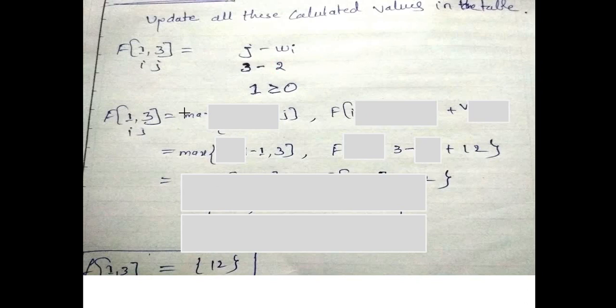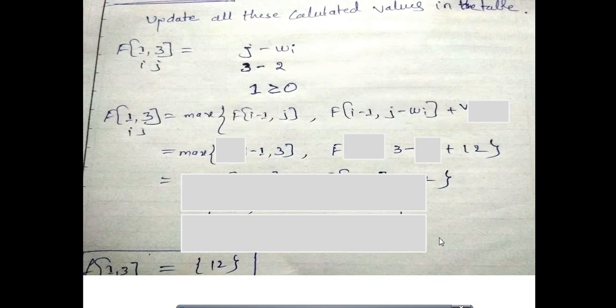Now for 1 comma 3, how to write this formula? Just write it down two times and you will get practice. There is nothing complicated. Now this is our formula. For f of 1 comma 3, substitute these values and you will get the answer. f of 1 minus 1 comma j value 3, and f of 1 minus 1 comma 3 minus wi value 2, plus vi value 12.